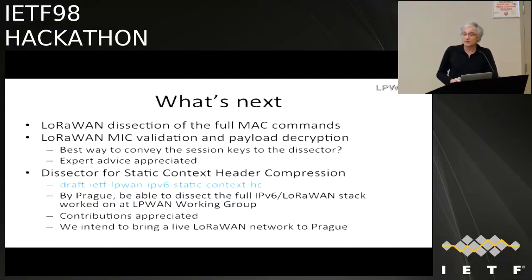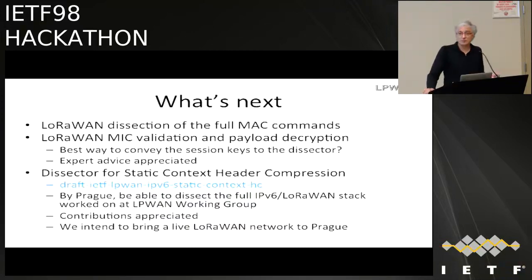We also have larger stuff to address, which is all the crypto stuff: validate the MIC, message integrity code, decrypt the payloads. We're not experts in this way of using Wireshark dissectors, so advice would be appreciated. How do we convey the keys, the session keys, to the dissector, etc.? So we'll be working on that later.